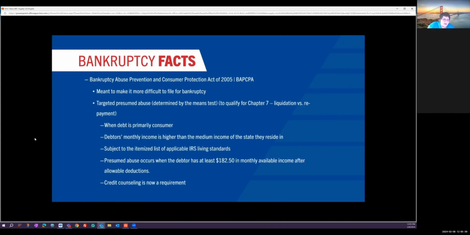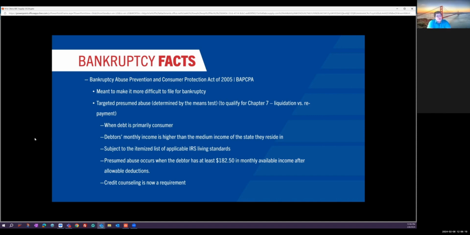Then in 2005, our government came up with the Bankruptcy Abuse Prevention and Consumer Protection Act. In their minds, they thought there was some fraud going on, so they put this into action and made it more difficult to file bankruptcy. A debtor's monthly income must be higher than the median income of the state they reside in, subject to the applicable IRS living standards.